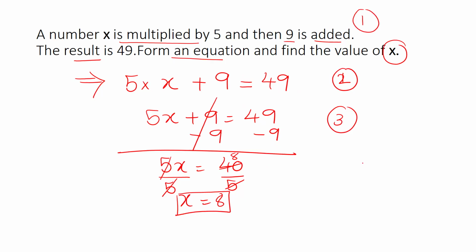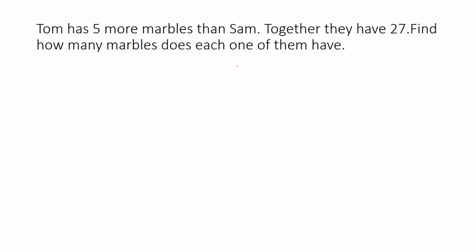Right, let's look at another example. In this case, we have two subjects here, Tom and Sam. Tom has 5 more compared to whom? Sam. We don't know how many Sam has, and together they have 27.